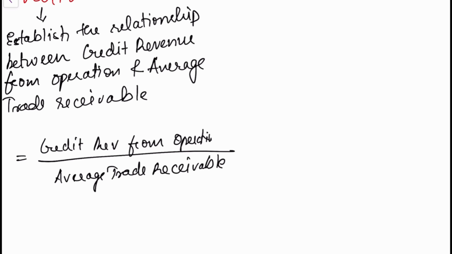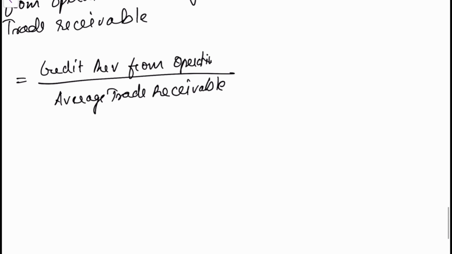So this average trade receivable, average means opening balance plus closing balance divided by 2. This is the average. How do we calculate the average? We calculate the average by adding the opening balance and the closing balance, then dividing by 2.